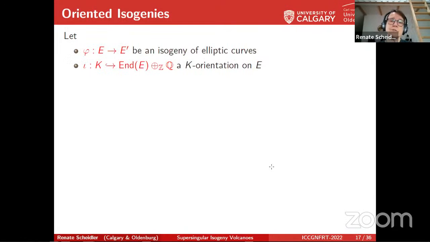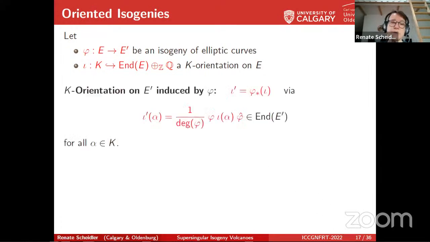Okay, so now what can we do with this? Let's take an elliptic curve and an orientation, and see what we can do with isogenies. You have an elliptic curve with an orientation, and an isogeny that goes to another elliptic curve.